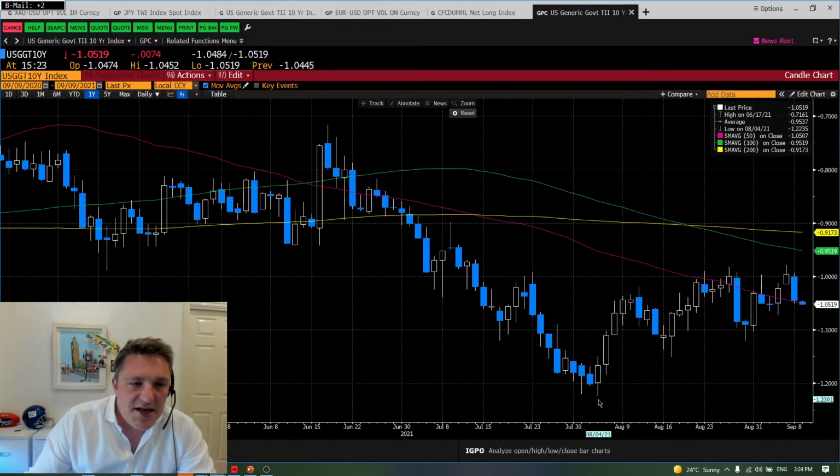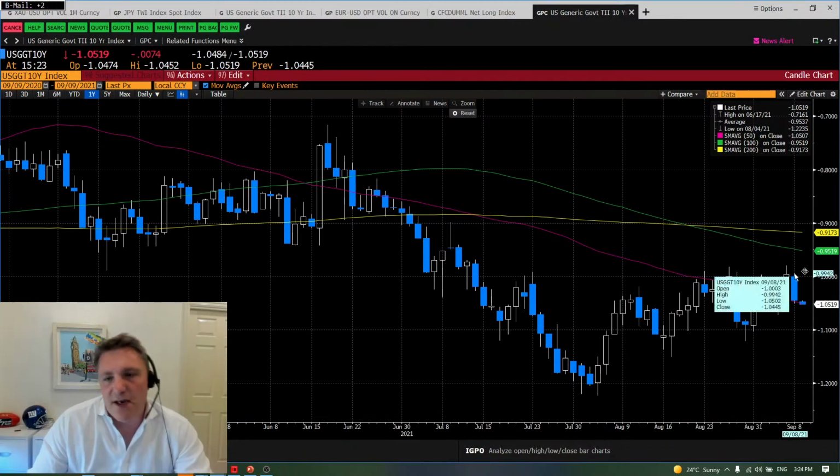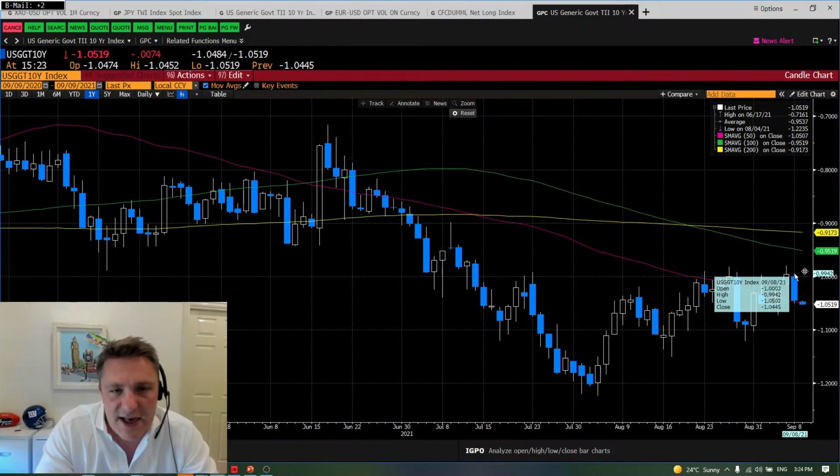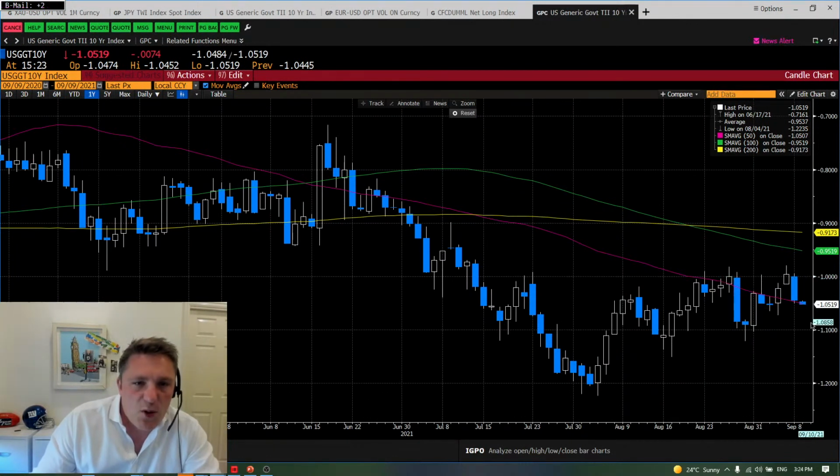When we were trading down at negative 120 basis points, gold was looking pretty perky. We've come back to negative 100 basis points, and people were saying, "Oh, gold's going to start selling off a little bit now. The dollar's going to strengthen," but then it just pulled back a little bit.